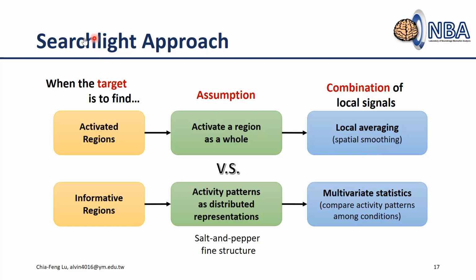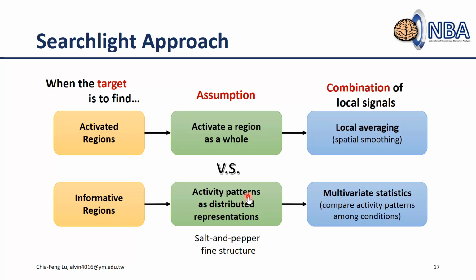However, based on the Searchlight approach or MVPA, Searchlight is just kind of an extension of MVPA. We try to identify the informative region. What is informative? That means this region can provide information to help us differentiate the different experimental conditions. Now, we don't use the term activation, we use informative region right here.